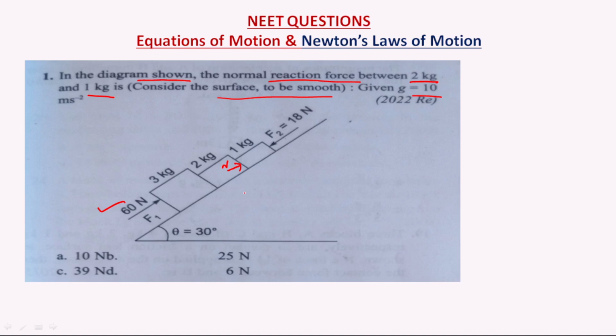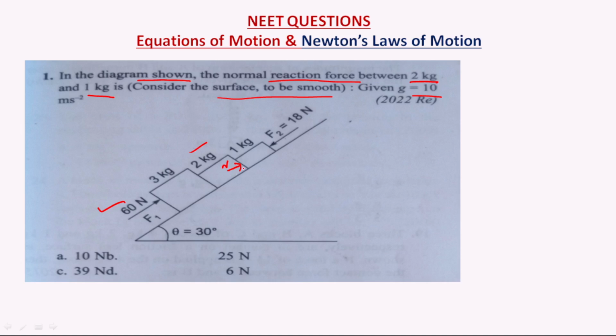So for that, what do we need to do first? First of all, let us find out for this particular system, in which the masses 3 kg, 2 kg and 1 kg are all combined together. They are not connected with a string, they are joined together.